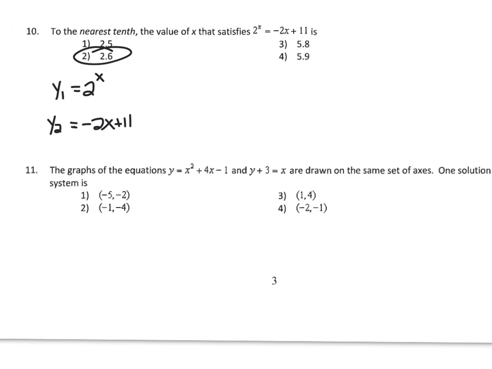Really what you're going to have to do is, when you plug this into the left-hand side of the equation and the right-hand side of the equation, see if the difference between those values is smaller than the difference between the values when you plug in the other answer choices. Here, let me show you what I mean. I don't really recommend doing it this way, but I'll show you what I mean.